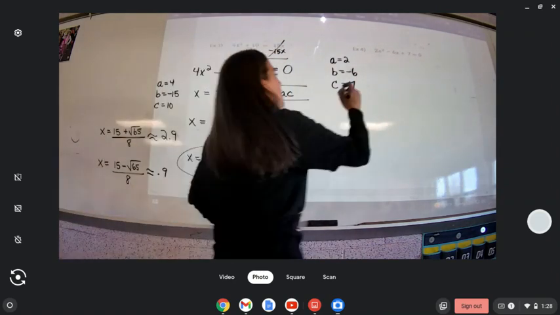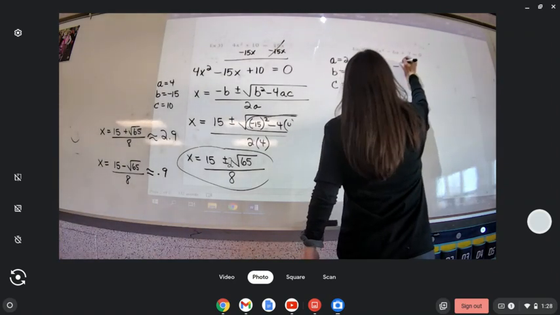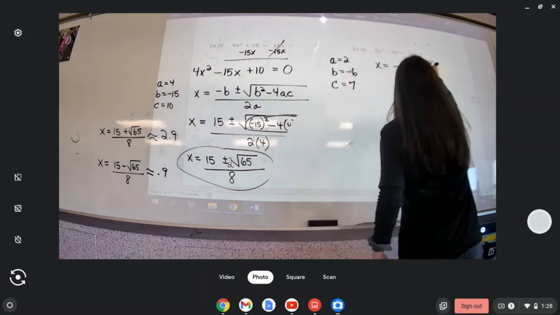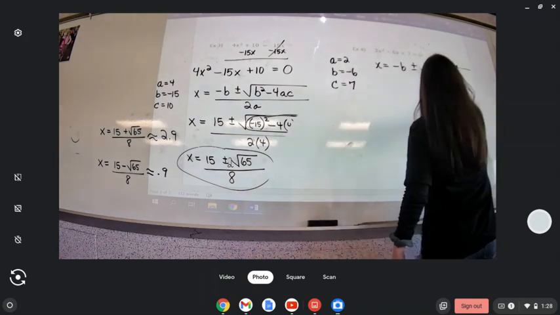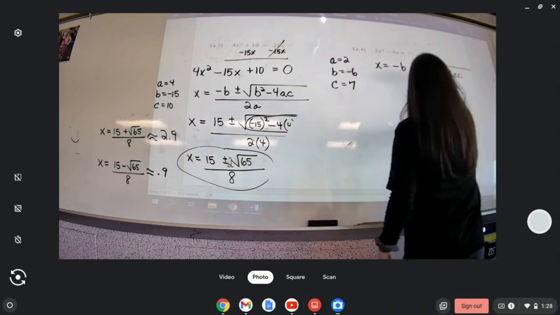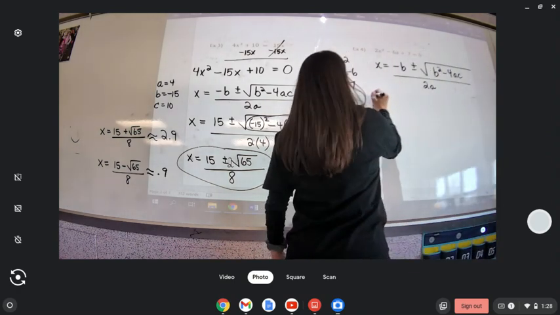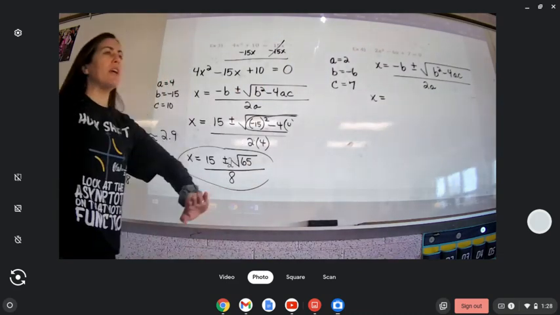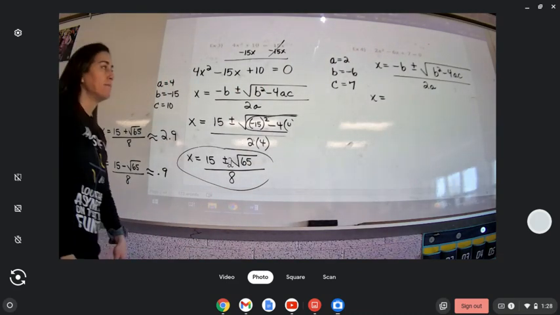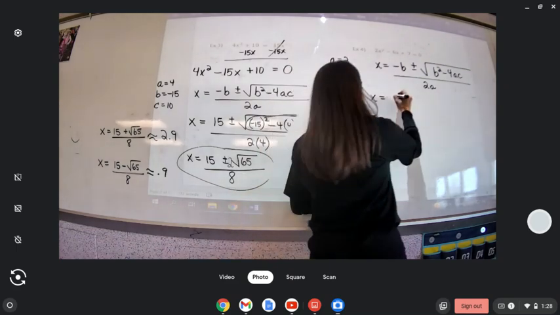Let's plug it in. X will be equal to the opposite of B plus or minus the square root of B squared, subtract 4 times A times C, all over 2 times A. All right. Who is the opposite of B? Just 6.